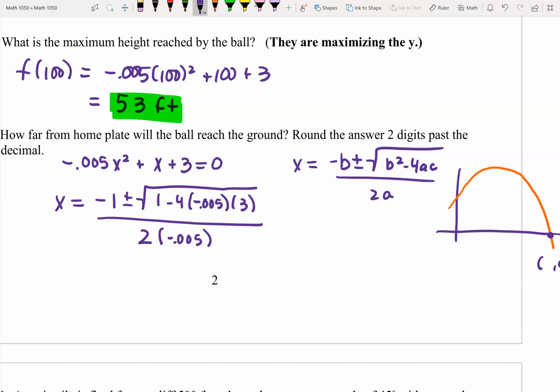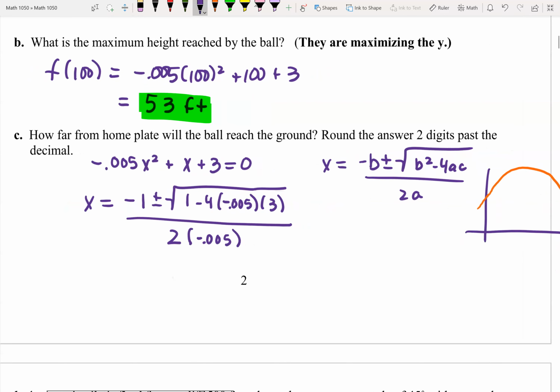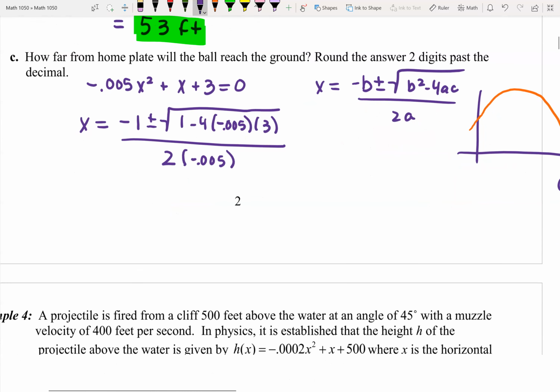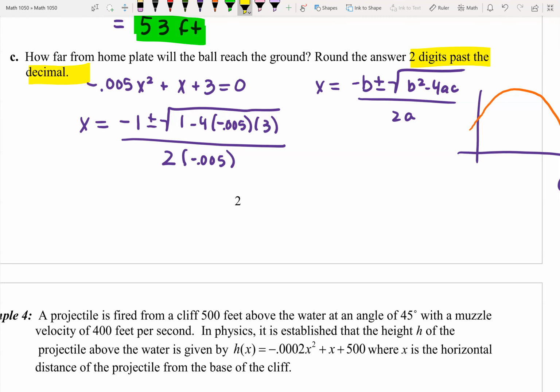Close it off. Okay, now, a couple of things I want to say, and it's super important that you listen really carefully. They told me to go 2 digits past the decimal. So I now have permission to round. You never round unless you've been given permission, unless they say round. So do I have to do this in pieces?